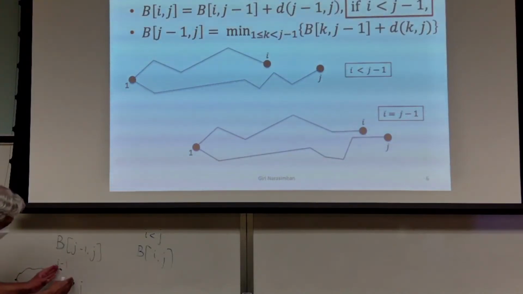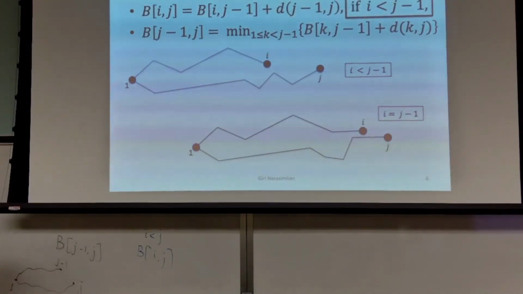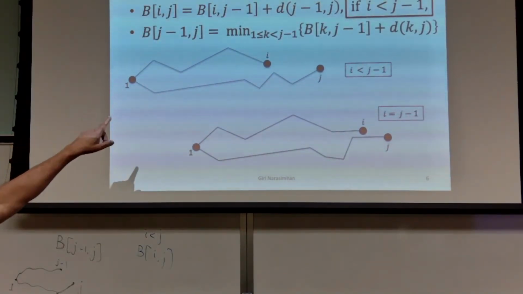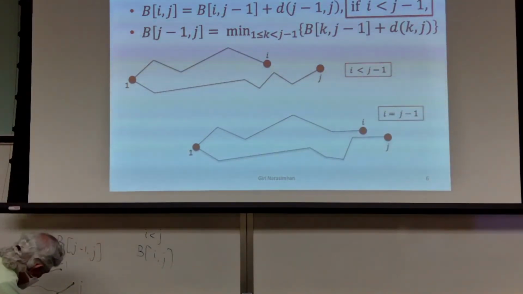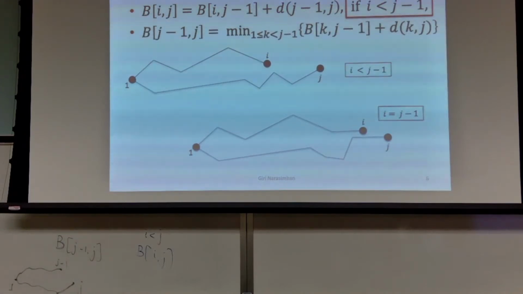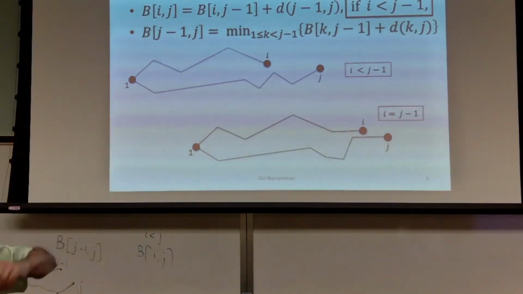There are no points between this and this, right? But we just don't know which one this guy is connected to. It may be j minus 2, it may be j minus 3, it may be whatever. The remainder goes on the other curve. So we have to now iterate over all possible values of k. I'll call this k. And then set this up.